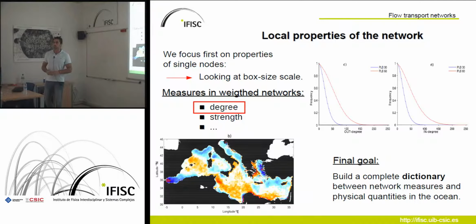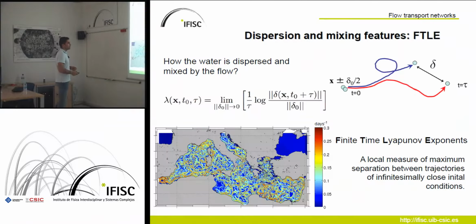But the final goal of this, at the end, is to build a dictionary between network measures and physical quantities in the ocean. And indeed, we focused on dispersion and mixing properties of the flow.